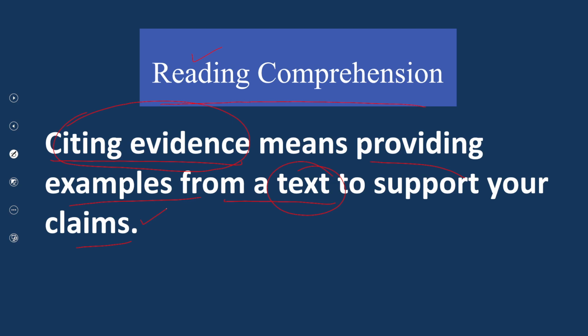If you are making a claim in your answer, then you need some evidence from the text itself to justify your answer. So why do we do it? We justify our answer. We make our answer strong.